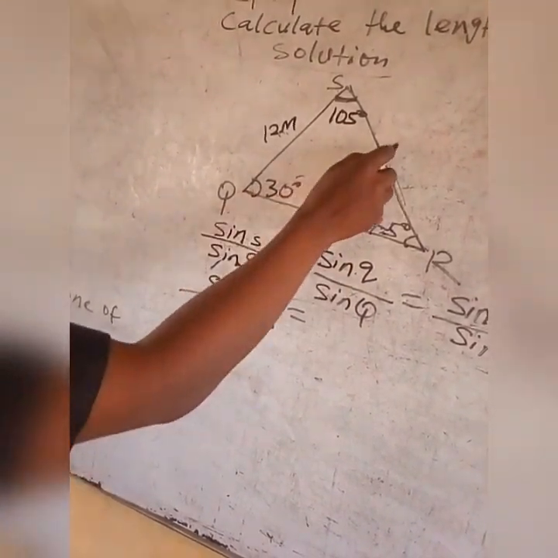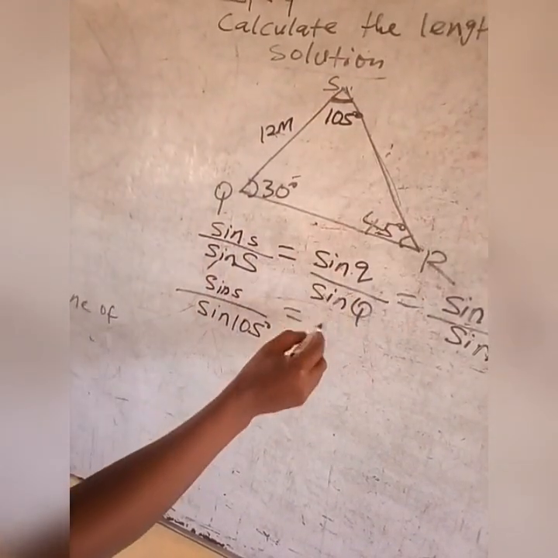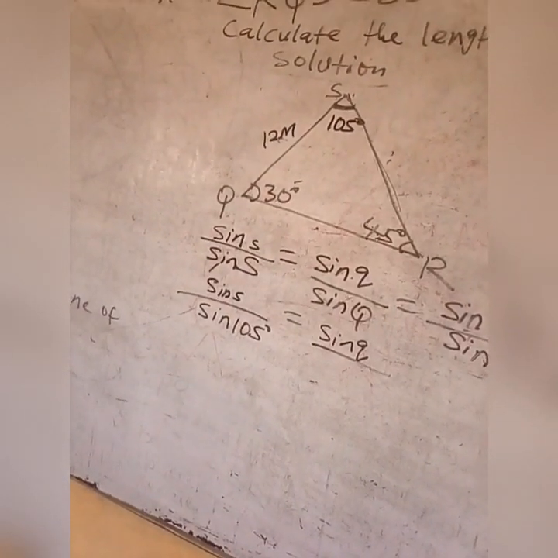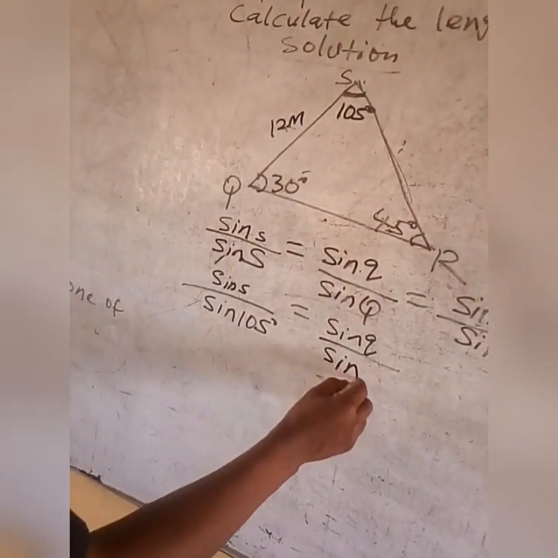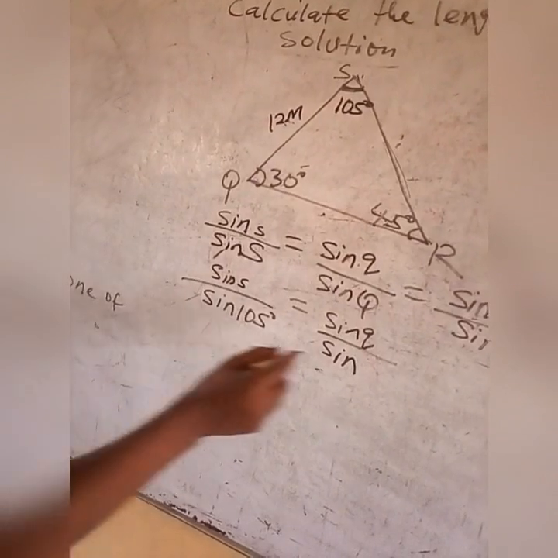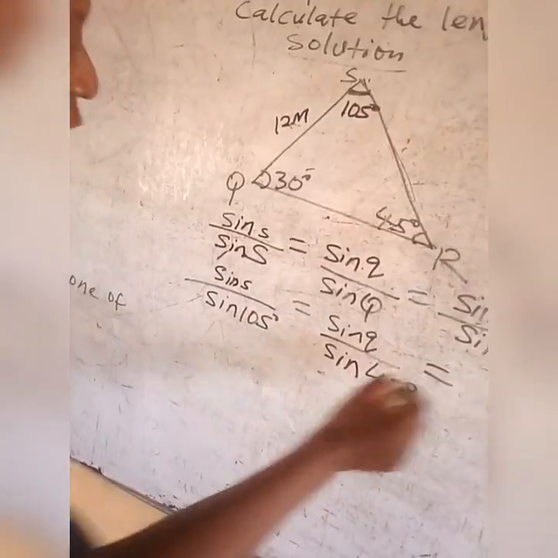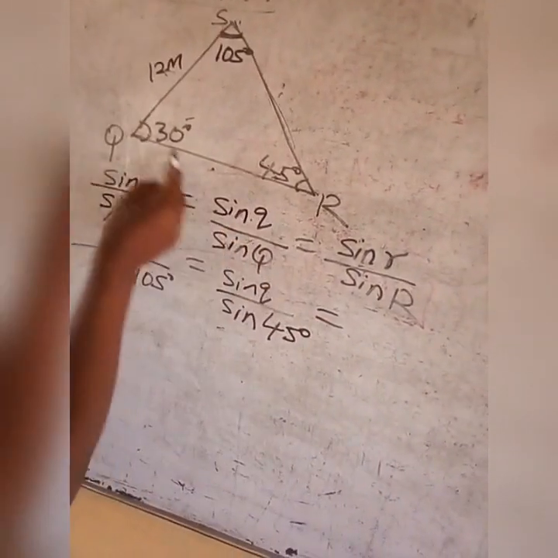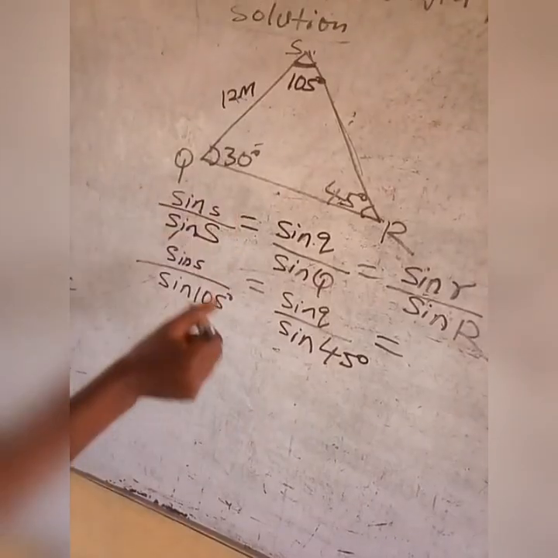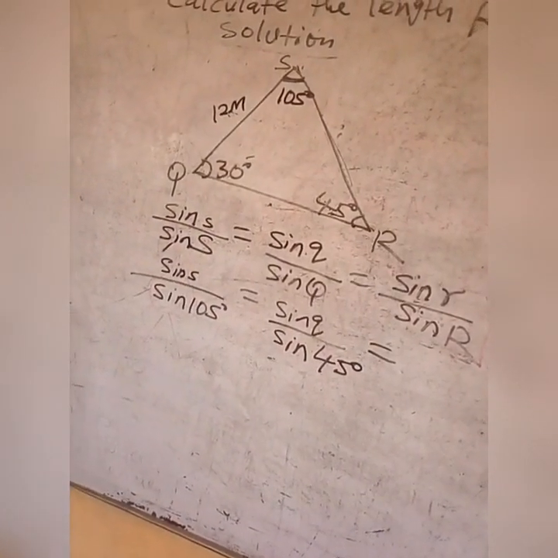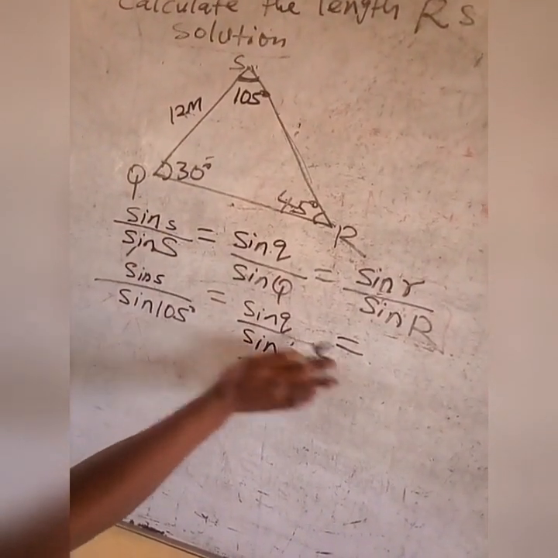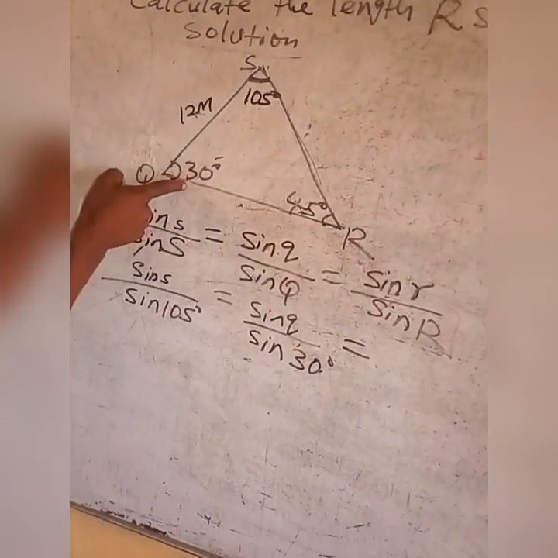Small q is the side I'm looking for, which is RS, over sine Q, which is 30 degrees.